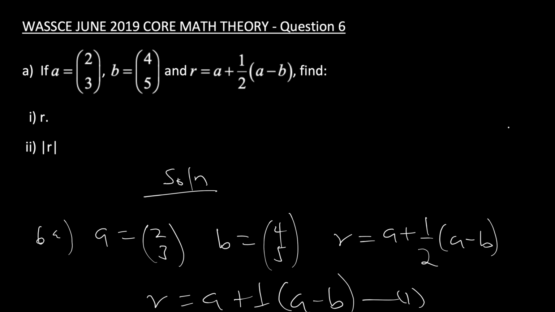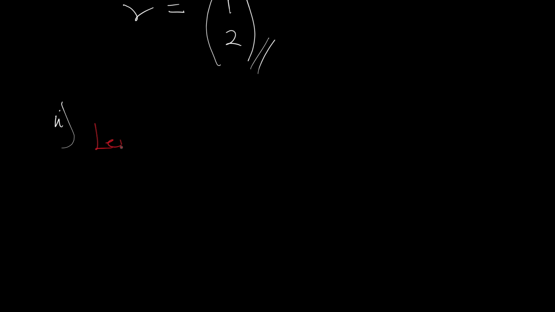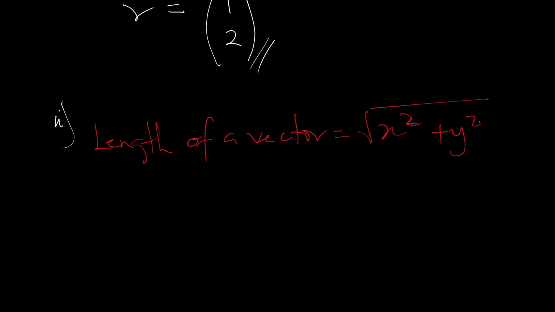It says find the length of R. So the length of a vector is equal to the square root of x squared plus y squared. And we know that our R is (1, 2), so 1 is our x, 2 is our y.